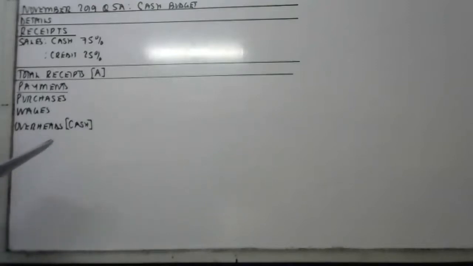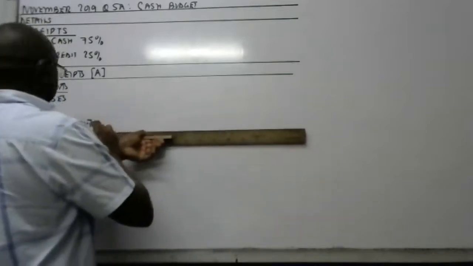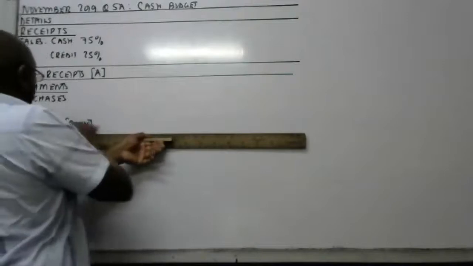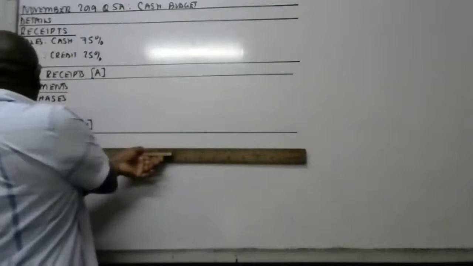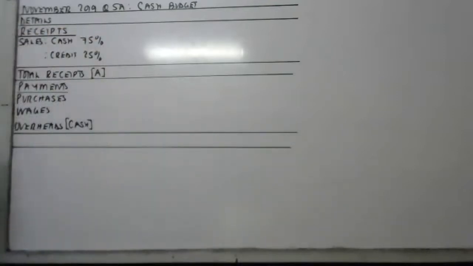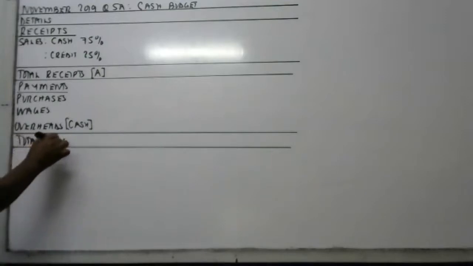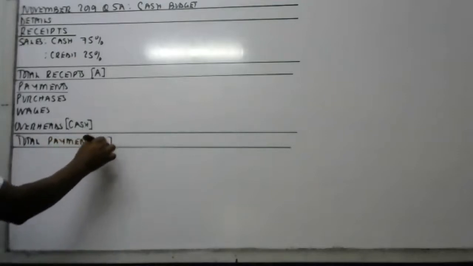When we go back up there, I cannot see anything else. And in the absence of anything else, I am able now to come quickly here and have a space for my total payments. Total payments. And this is B.